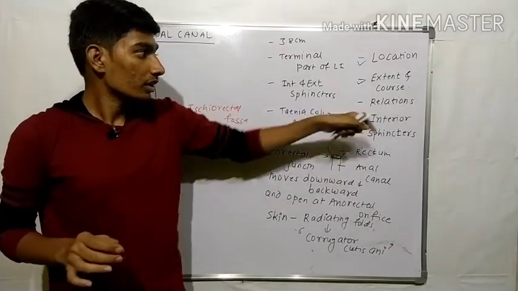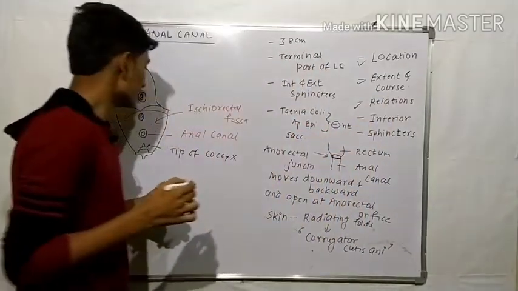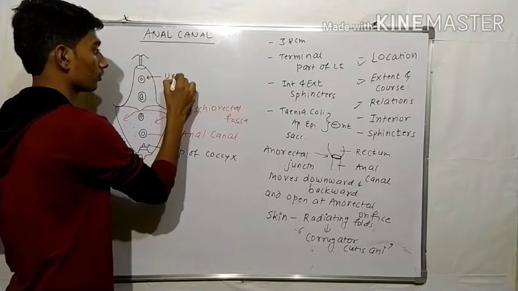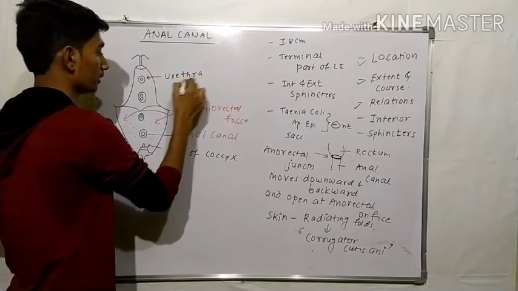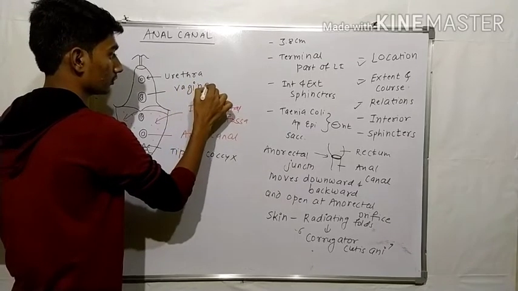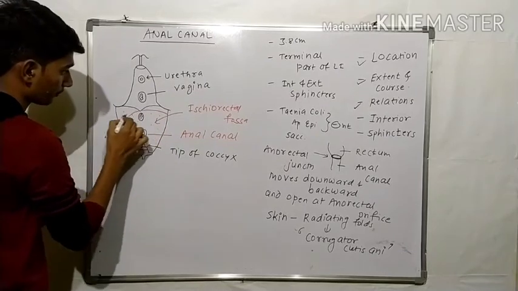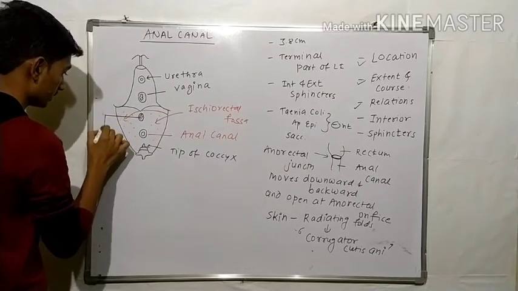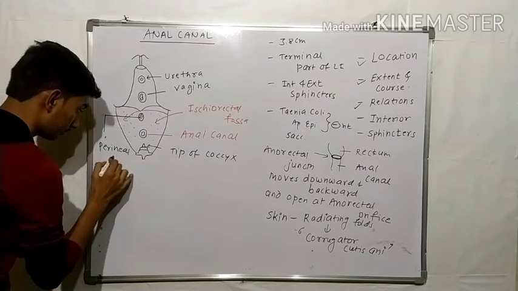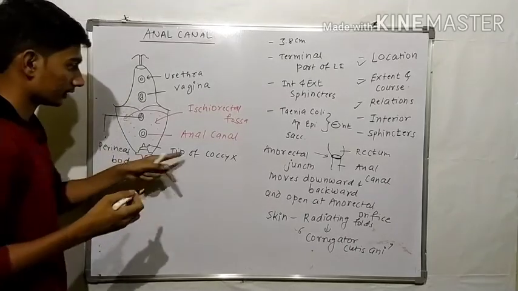Now coming to the relations of the anal canal, I will label the structures here. This is the urethra, this is the vagina, and this is the perineal body. And this is the anal canal.